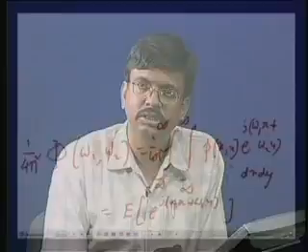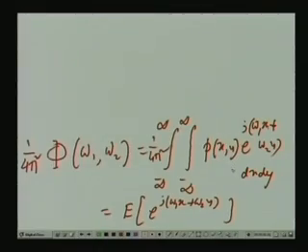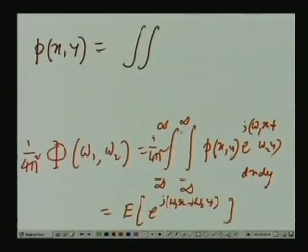If that be the case, then we know that p x comma y also can be viewed as the direct Fourier transform of this quantity on the left, 1 by 4 pi square times phi omega 1 omega 2. So, that means there is an inverse formula that, given the joint characteristic function, gives the joint density.